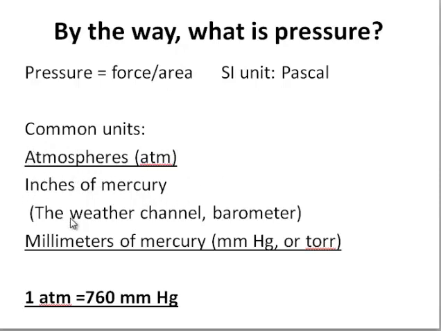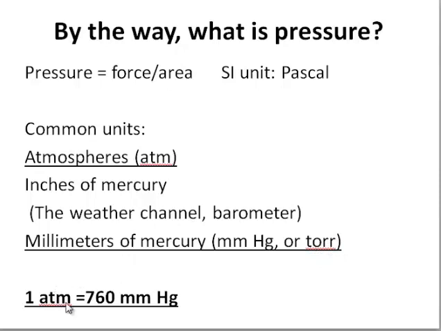Inches of mercury often appears on the Weather Channel and barometers in the United States, or millimeters of mercury, which is a unit appearing on laboratory barometers. Millimeters of mercury are abbreviated mmHg, or often called torr.